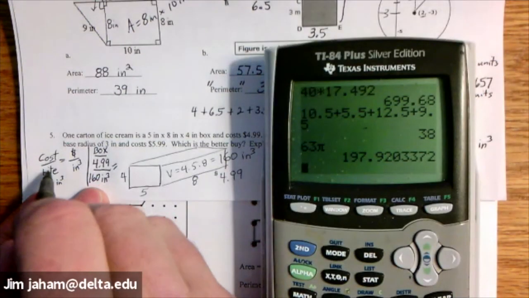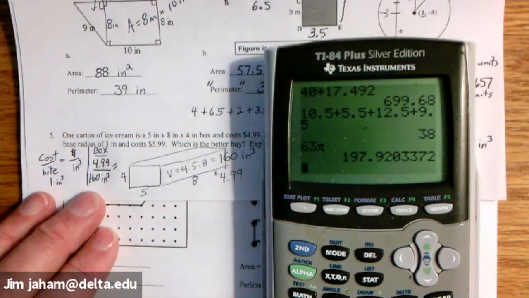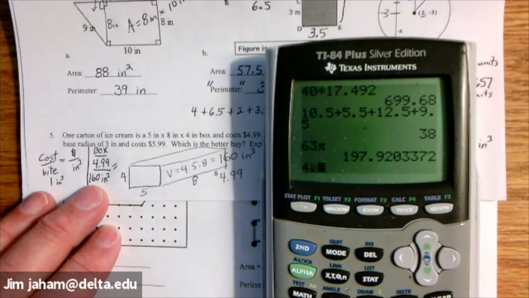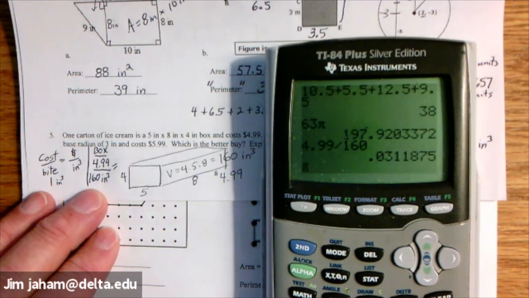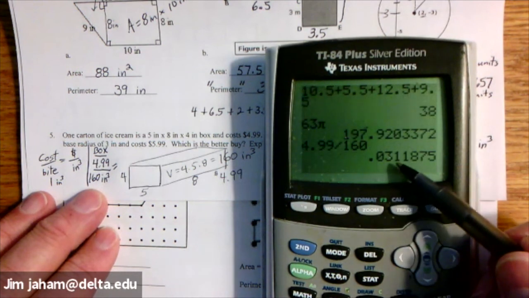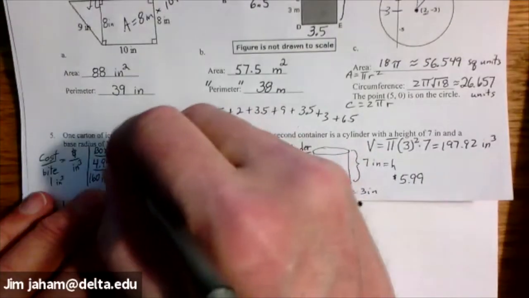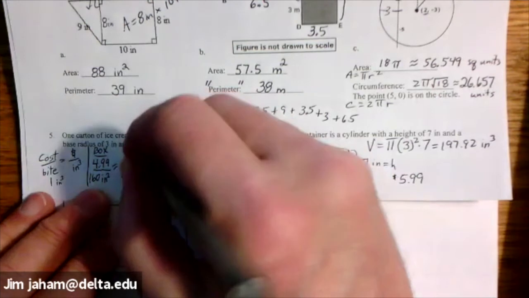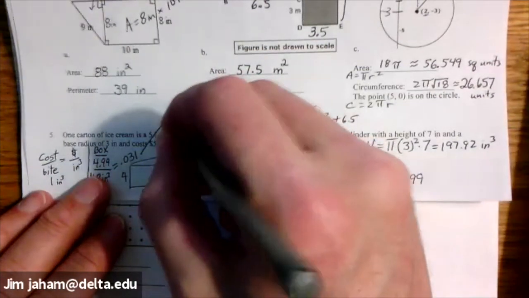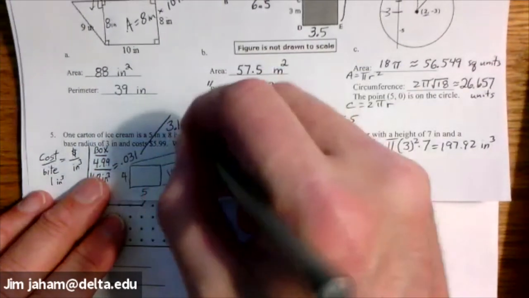Cost per bite. We're just going to take this number divided by this one. So 4.99 divided by 160. All right, so that's about 3.1 cents per bite. So 0.031. So for this one, we're going to say 3.1 cents per bite.